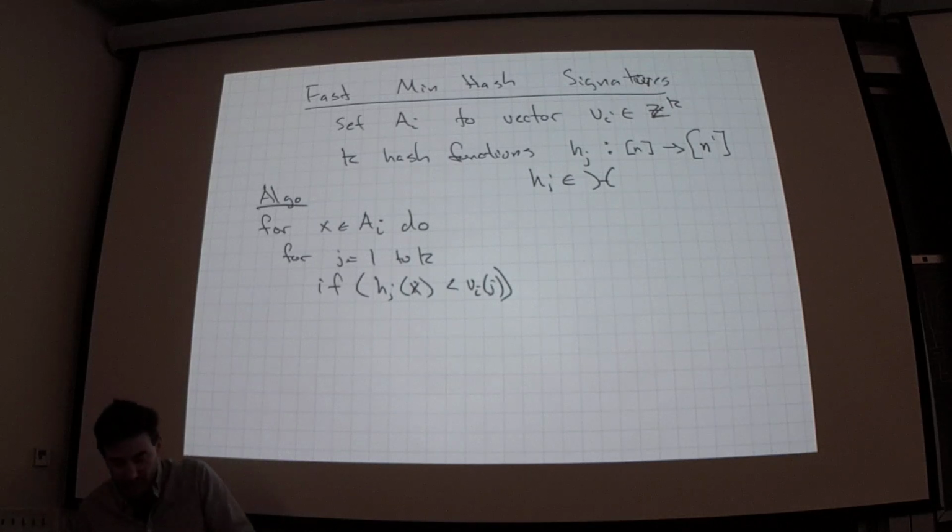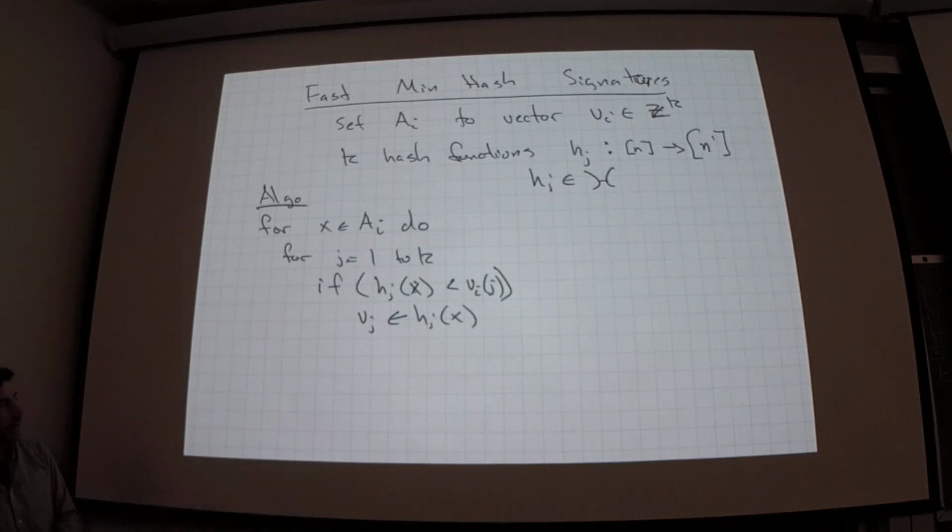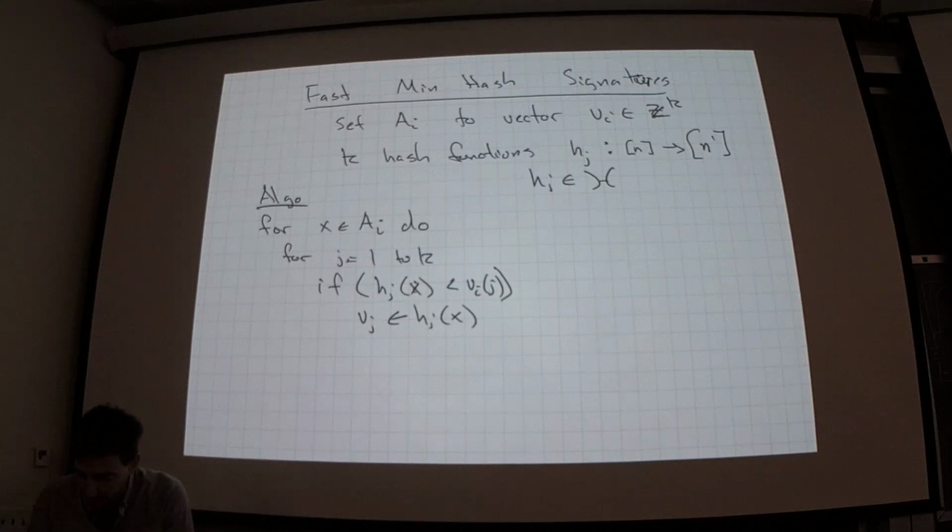If it's less than the jth element of the vector, then I do a replacement. And so here's the whole algorithm. Once I've created these hash functions, I initialize v_i of j equals infinity, for all j in 1 to k.